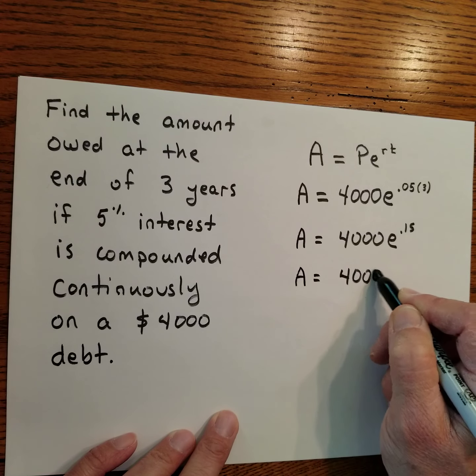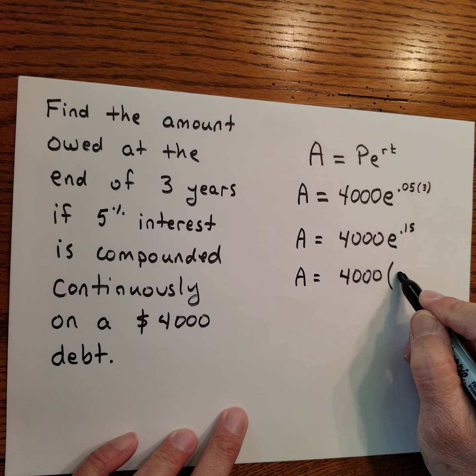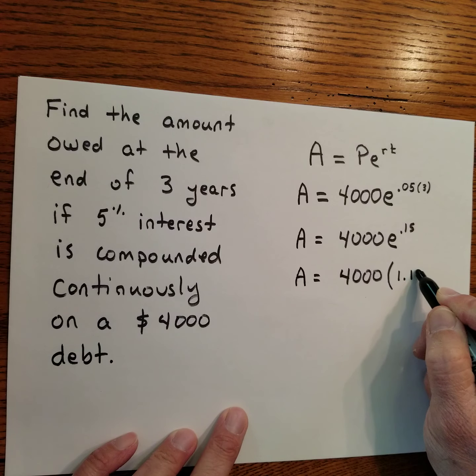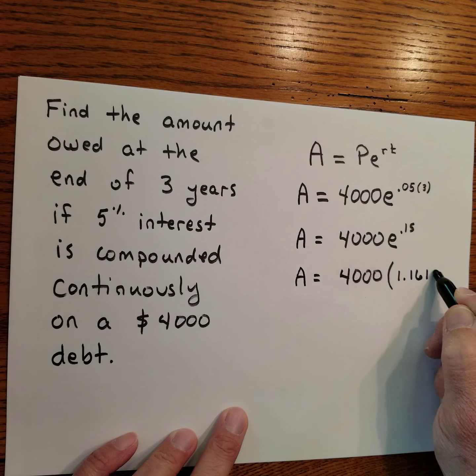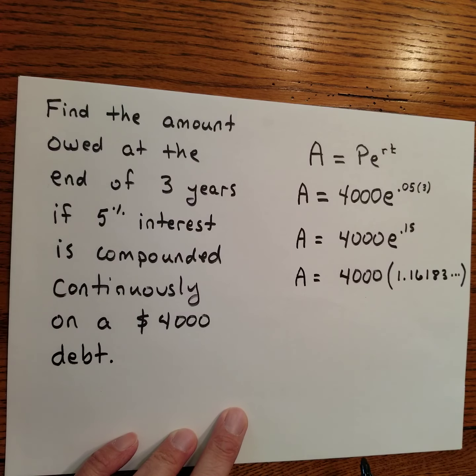Copy the 4,000, and then use your calculator to take e to the 0.15 power. e to the 0.15 power is 1.16183, and the decimal goes on and on.